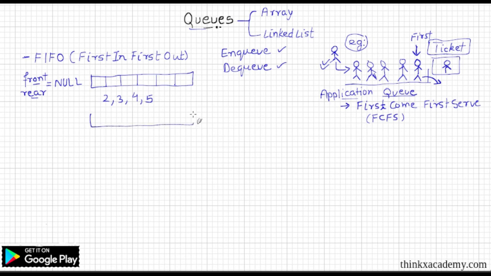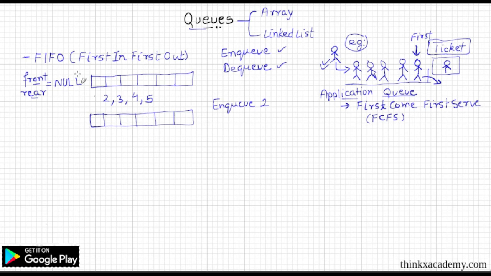So let's suppose we are going to perform an enqueue function and we are inserting, or enqueuing, 2 in this array, or now you can call this array a queue. So we are going to enqueue 2 in this queue.